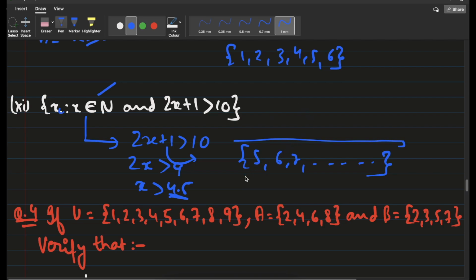So now we have to remove these from our universal set. So what would be our A complement? It would be none other than 1 2 3 and 4, right? So this is our answer.